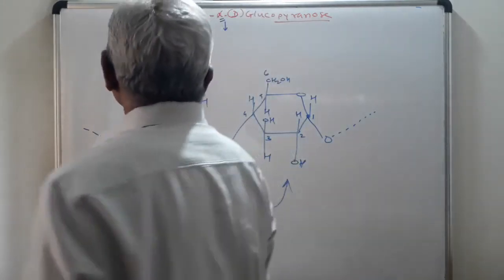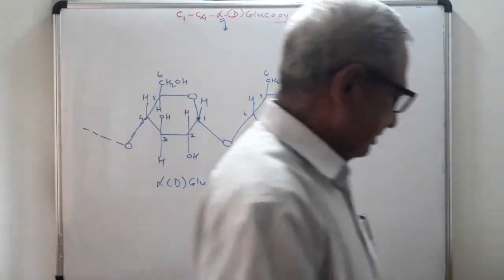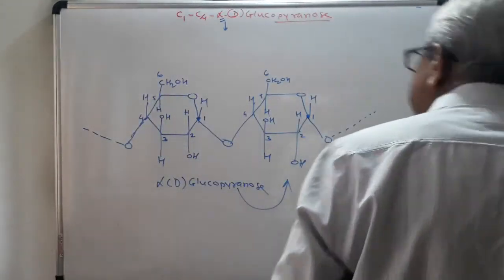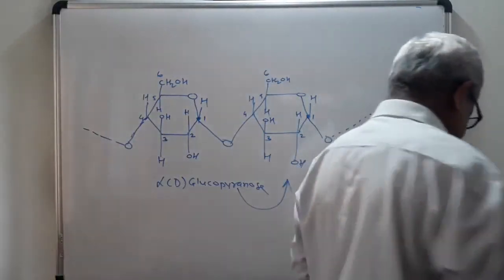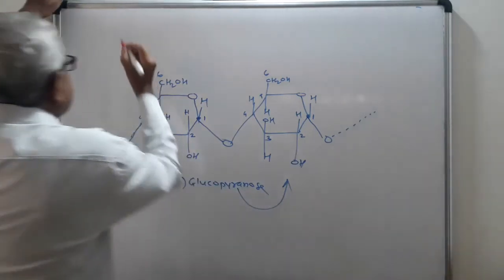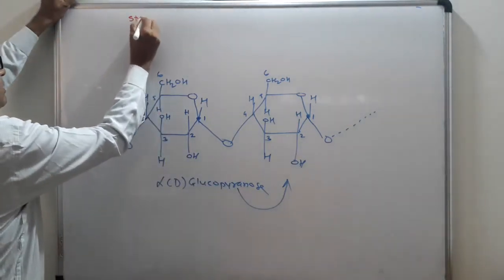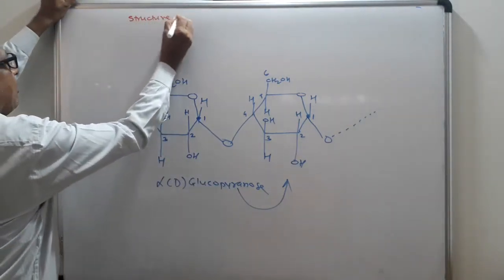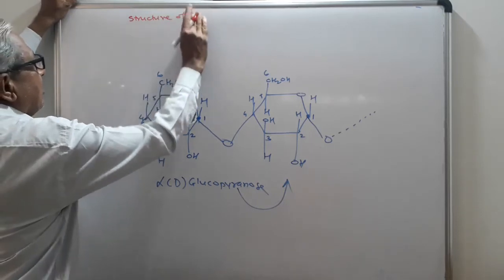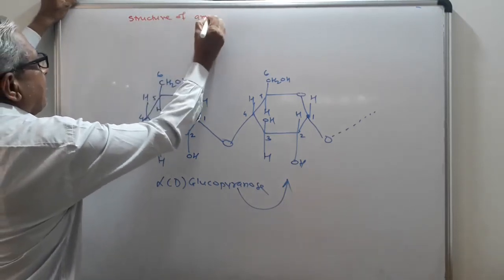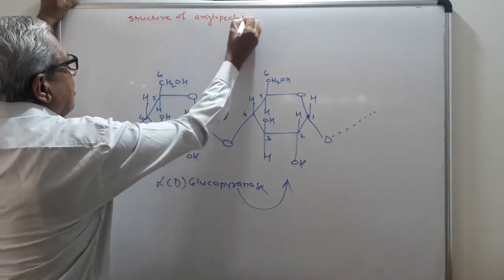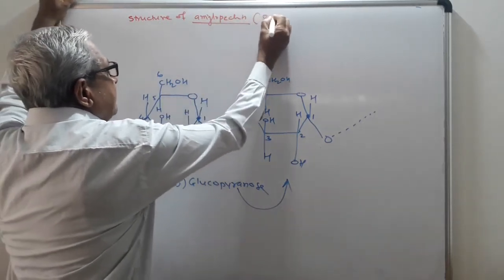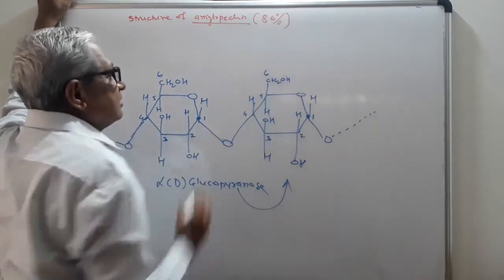Now structure of amylopectin. So give the title structure of amylopectin. See here, it is present 80% in the starch.